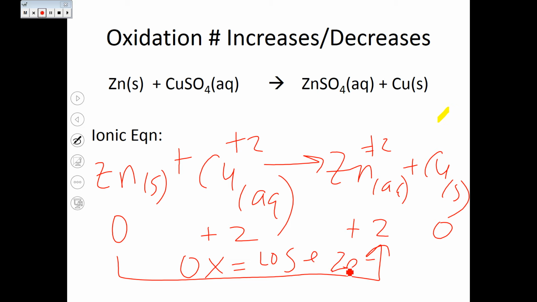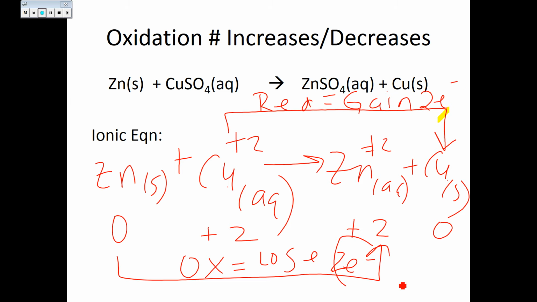When you lose 2 electrons, you become positive. Those 2 electrons are going to be gained by copper. Copper goes from plus 2 down to 0, so it's being reduced, which means, it's sort of confusing because you're being reduced, but you're gaining electrons, so it's sort of hard to understand. It's gaining those 2 electrons from the zinc.